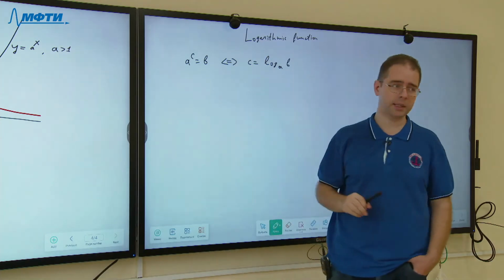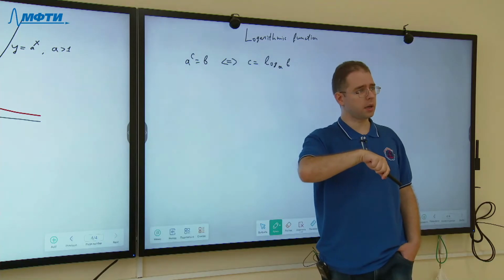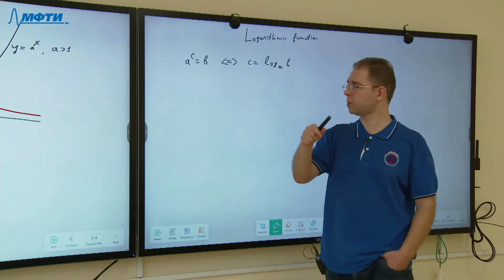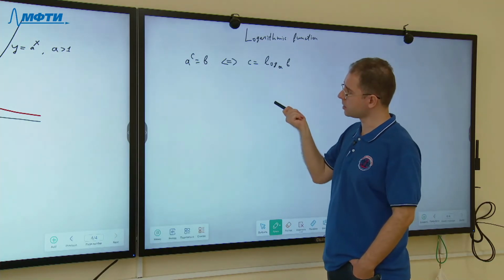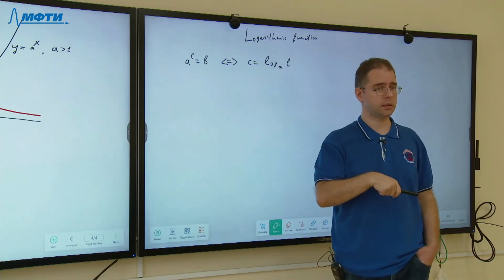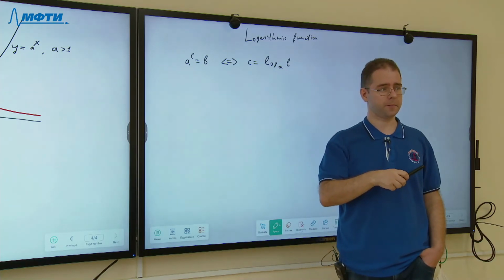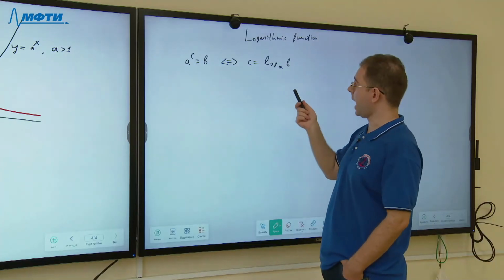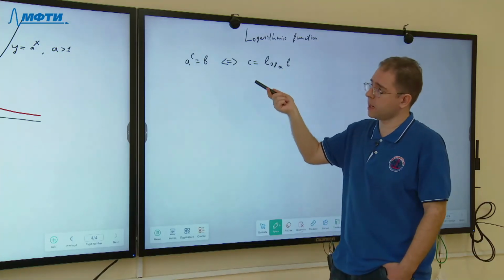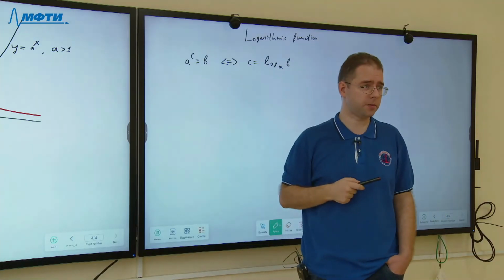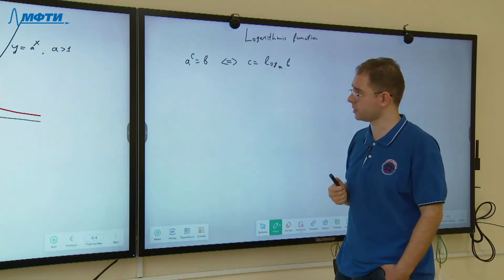So this is the power to which I need to raise a to get b. And we can see that this is kind of the inverse function of the exponential function.